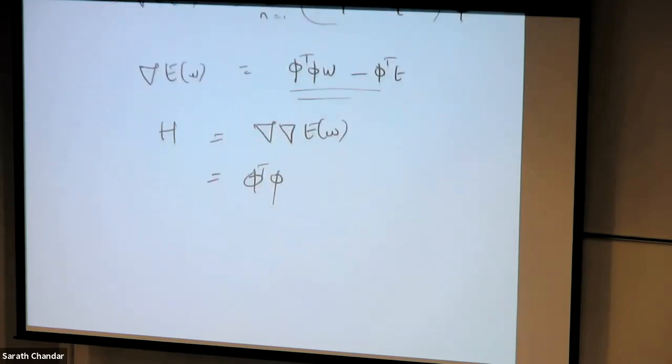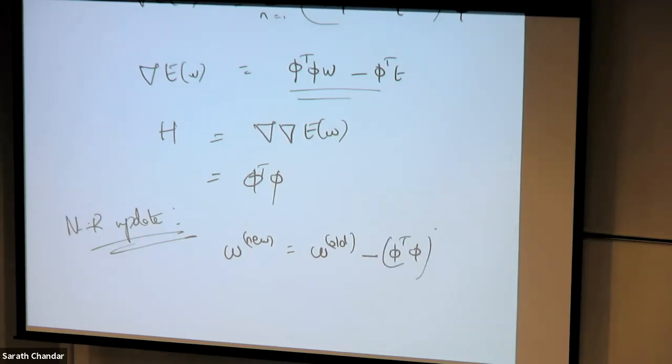Now let us actually write the Newton Raphson update for linear regression. So it's going to be W new is equal to W old minus the Hessian inverse, so phi transpose phi inverse, multiplied by the gradient.